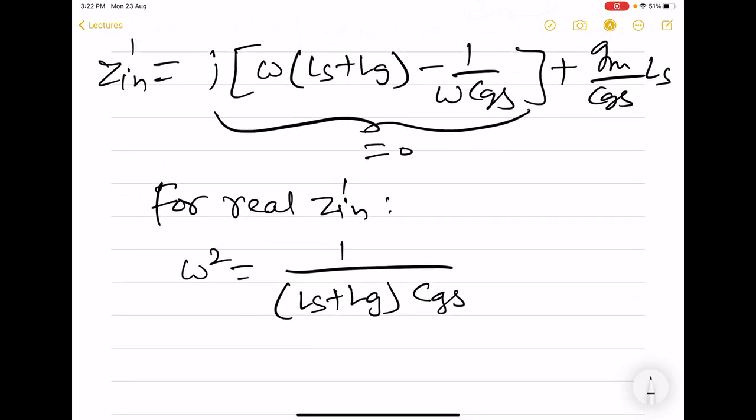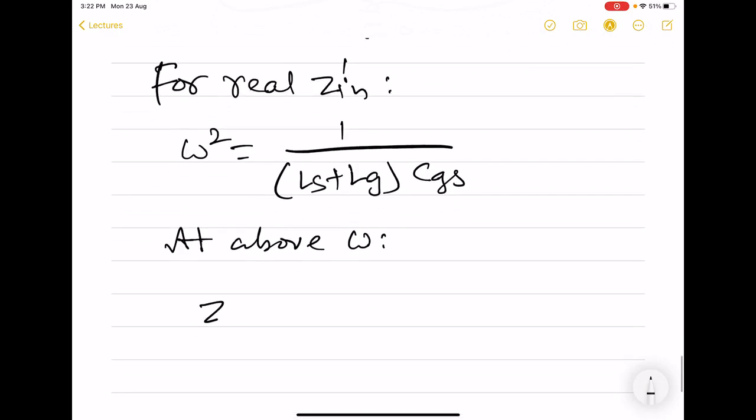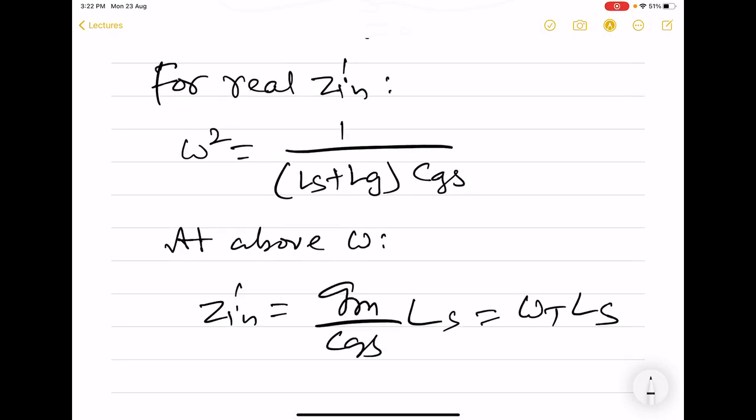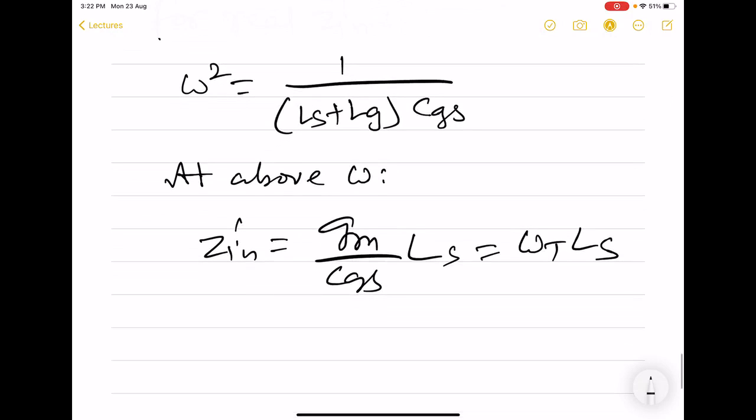And at this frequency, Z_in dash is going to be g_m by C_GS into L_S, that is omega_T into L_S. So we see that the expression for the input impedance remains the same as what we obtained for the previous case.